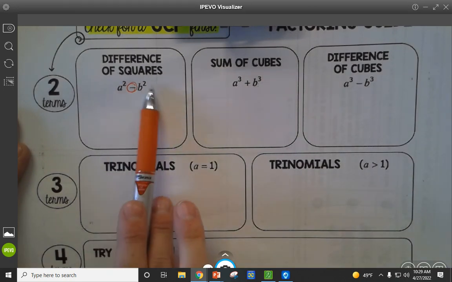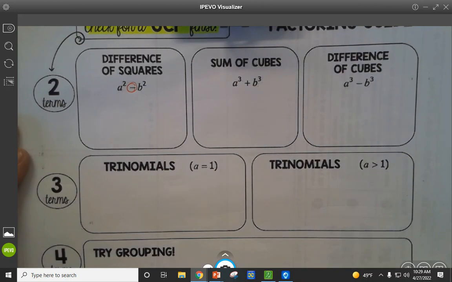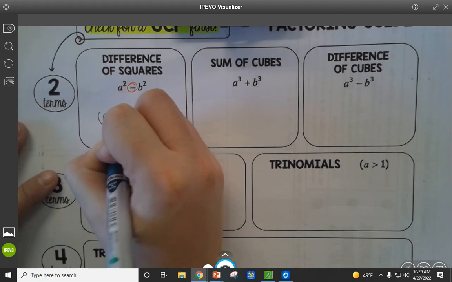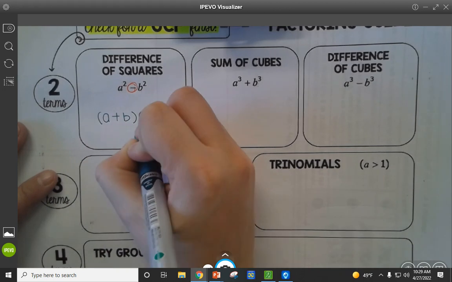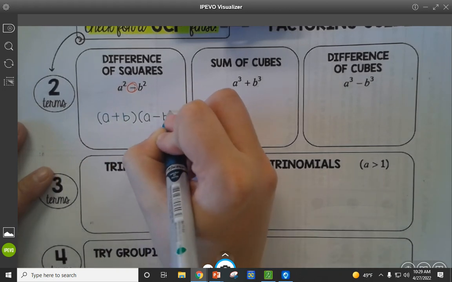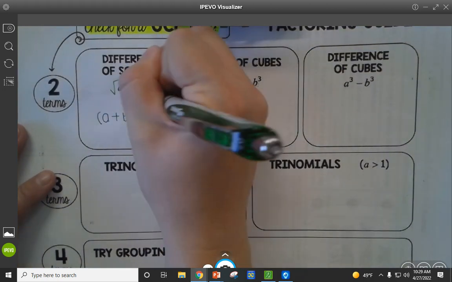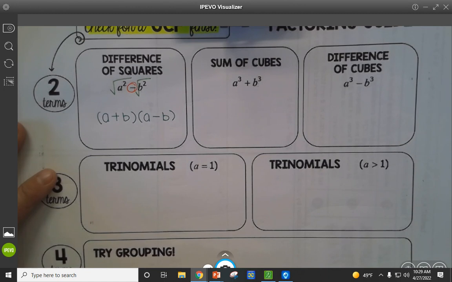And you have 2 perfect squares. Does anybody remember this formula off the top of your head? It's A plus B, A minus B. And to get your A and B, you take the square root of both sides.